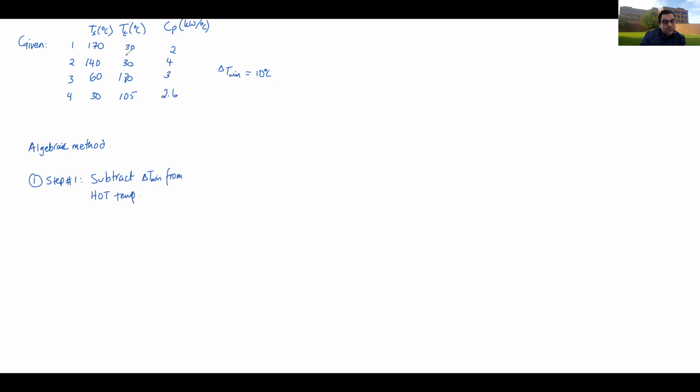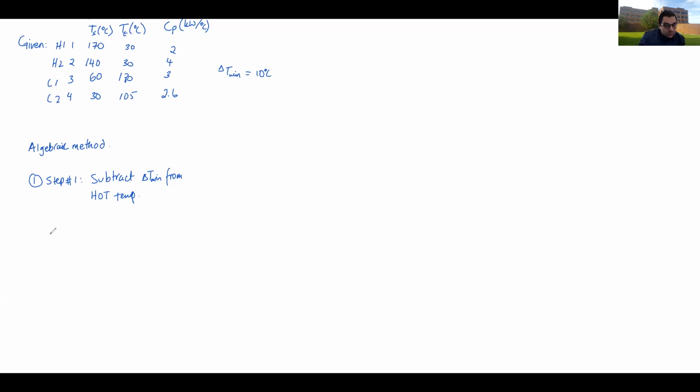So which of these streams are hot? Which of these streams are cold? So this one is starting at 170 going to 30. This one going 140 to 30. So these two are hot. So let me just rename them H1, H2. I'm going to rename this guy C1, and C2, because this is a cold stream, this is a cold stream. So I'm going to subtract delta T minimum from the hot temperatures.